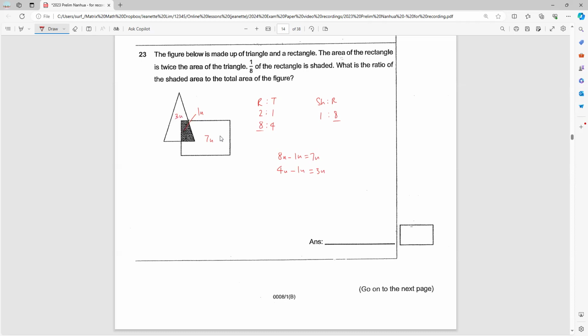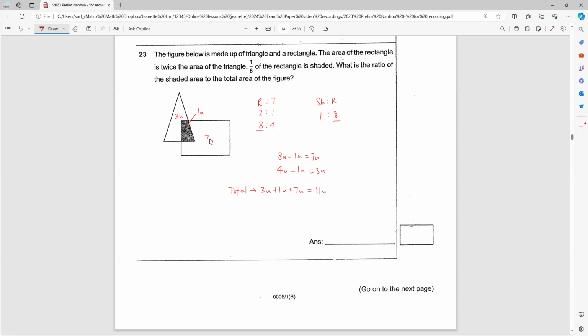So using what I've labeled on the diagram, answer the question: what is the ratio of the shaded to the whole area, the total area of the figure? Okay, shaded is 1. Total area, please don't take rectangle plus triangle. Add them up here: 3U, 1U, and 7U.